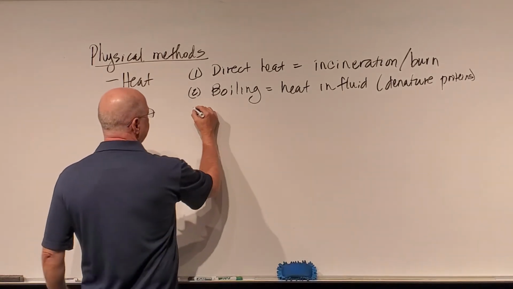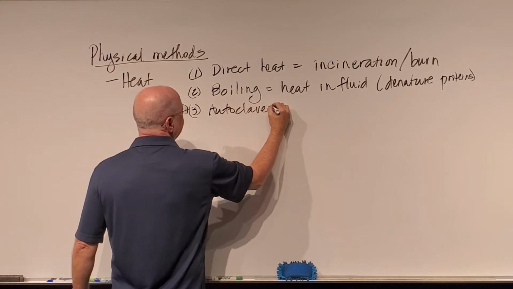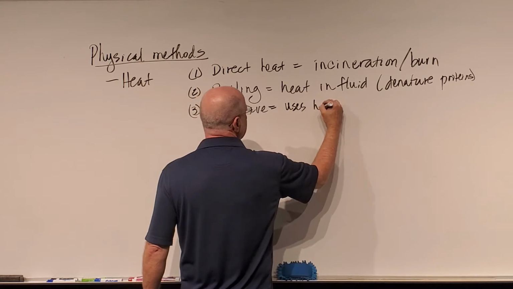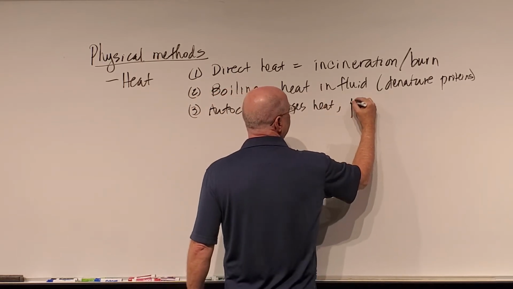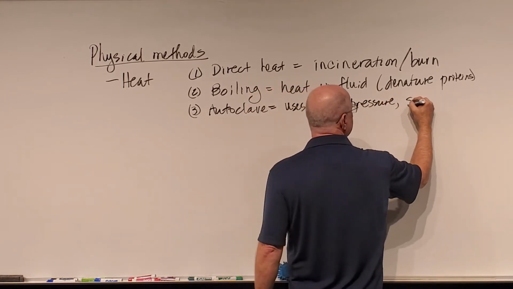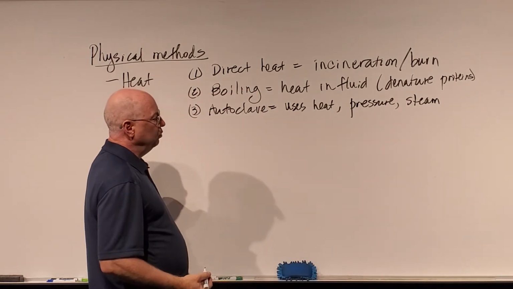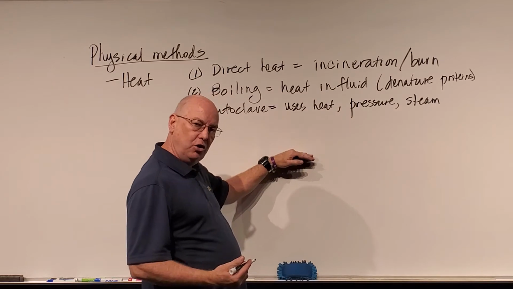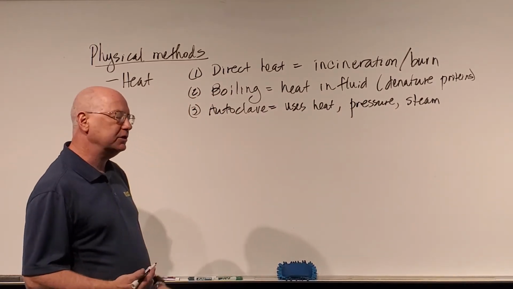Okay? Another way is what we call autoclaving. An autoclave is simply a special oven that uses heat, pressure, and steam over time. And one of the nice things about autoclaving is as I increase the pressure, I raise the effectiveness of the heat, so to speak.